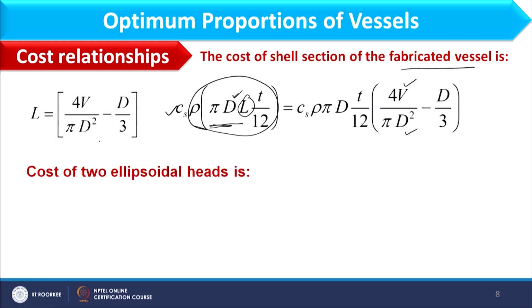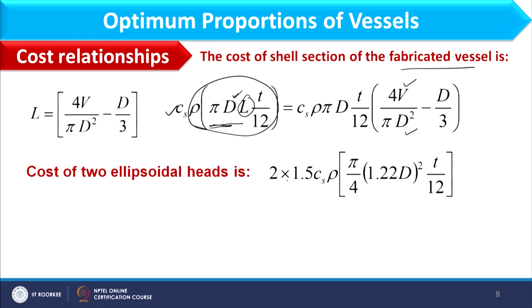Now, the cost of 2 ellipsoidal heads, that is 2, because we have 2 heads, into 1.5 CS, because the fabrication cost of an ellipsoidal head is 50% more than that of the shell, into rho, that is the density of the material, pi by 4 into (1.22 d) whole square.